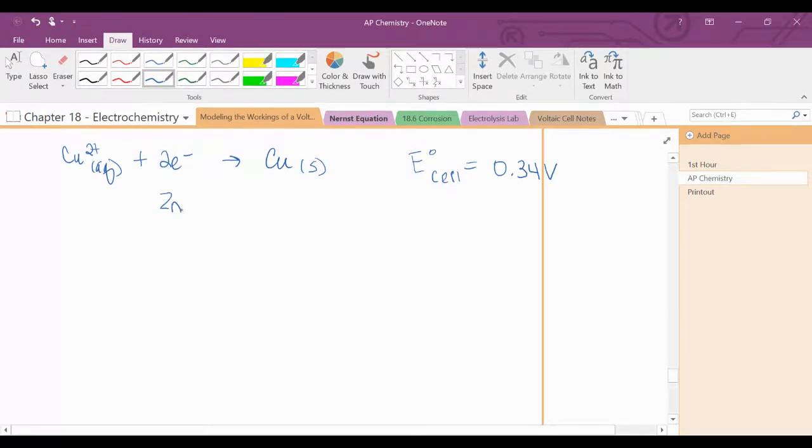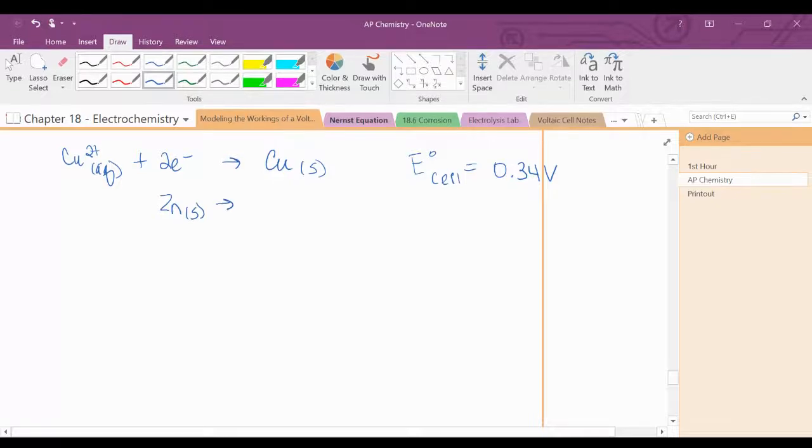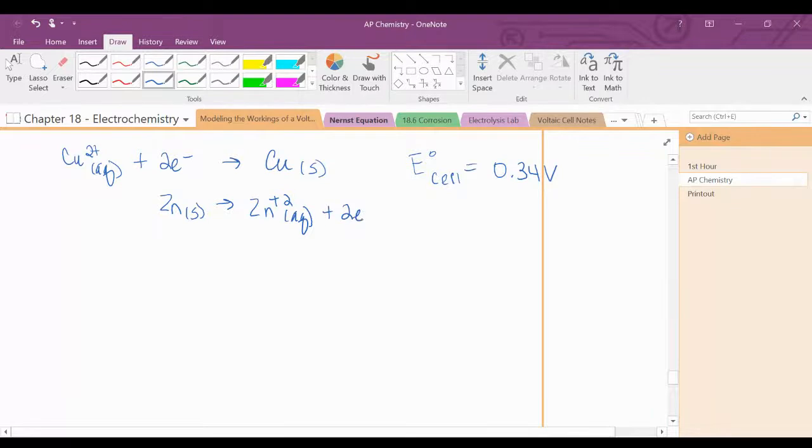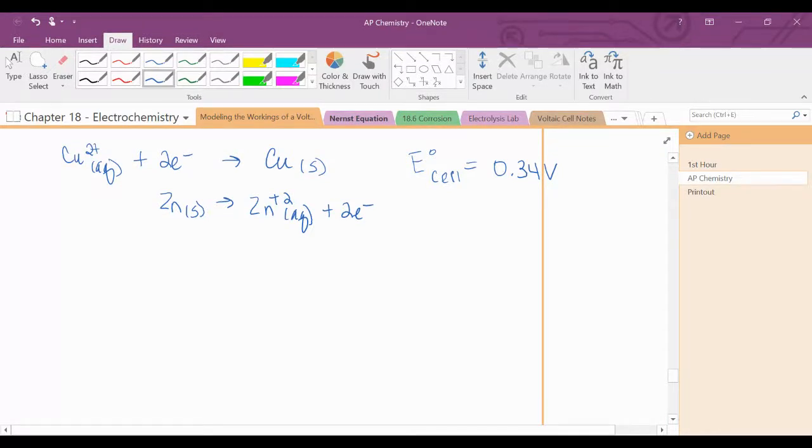So when I flip the equation, I'm going to write it like this. And whenever we flip the equation, we have to flip the sign on the cell potential. All right, so it now becomes 0.76 volts.